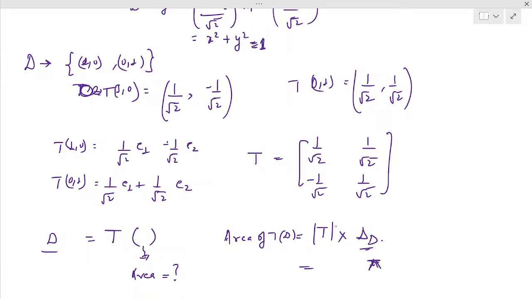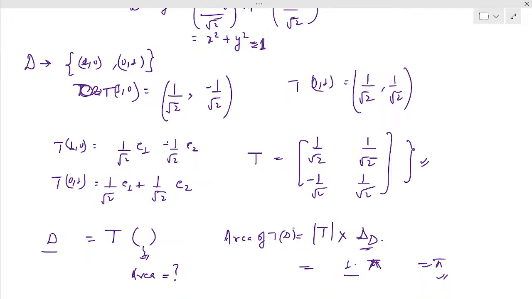And what is the determinant? This is 1 by 2 plus 1 by 2, which is 1. So you can get the area from here as well. This is equal to pi. So what you need to do is just find the matrix of the linear transformation, take the determinant, and multiply it with the area of D, then you will get the area of TD.